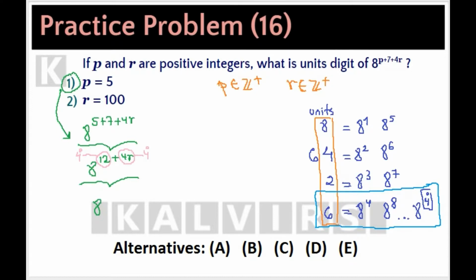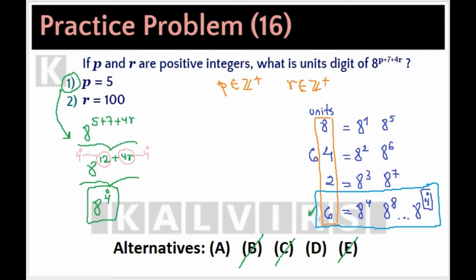The sum of two multiples of 4 is another multiple of 4. Finally, this power is the same as 8 to a multiple of 4. Therefore, the unit digit of this power must be 6. Statement 1 alone is sufficient. Alternatives B, C, and E are eliminated.